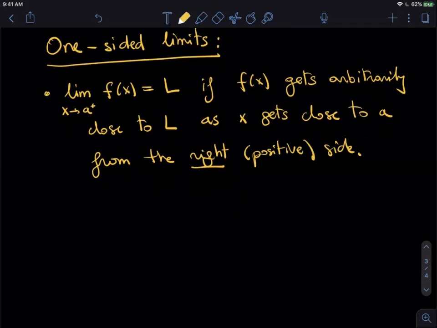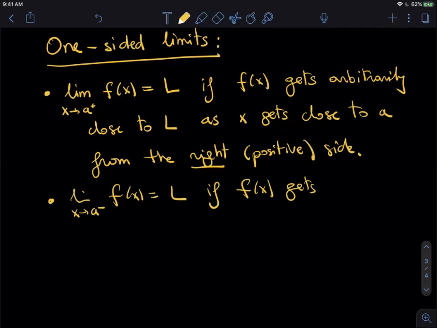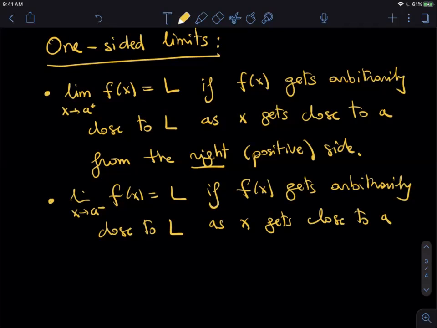And we have a similar definition. x tends to a from the left. Here, f of x gets arbitrarily close to L as x gets close to a, and here it is important, from the left.